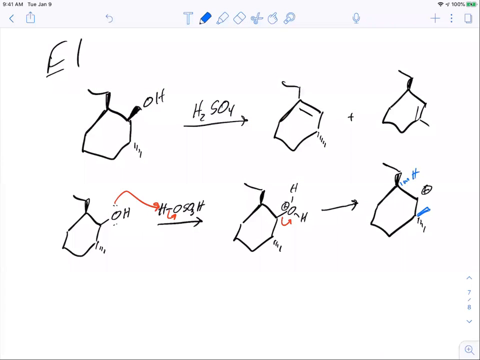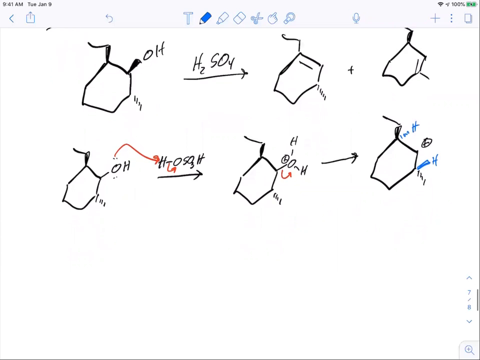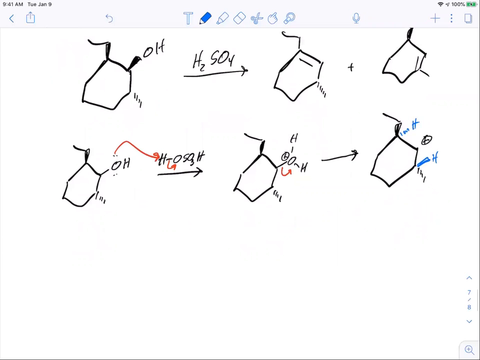That's what you're always looking for, is beta hydrogens. If the carbocation is the alpha position, one away from that is beta. Now I'm going to divide this up and show both processes.